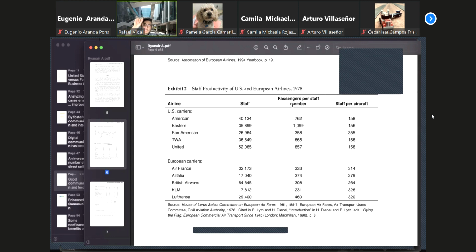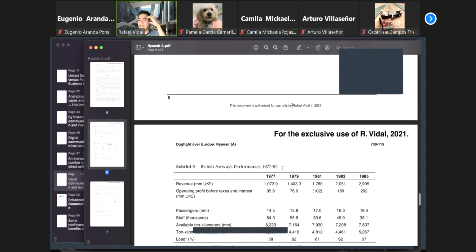So the upper part is growing and the lower part is decreasing. So the productivity is increasing, right? We have a numerator, passengers, that is increasing, and a denominator that is decreasing. So the overall ratio is increasing. So productivity is increasing, right?